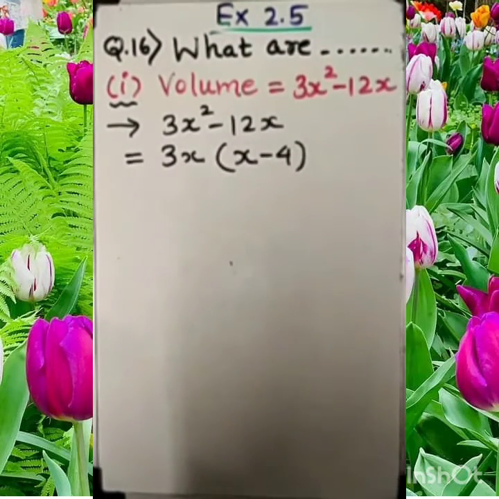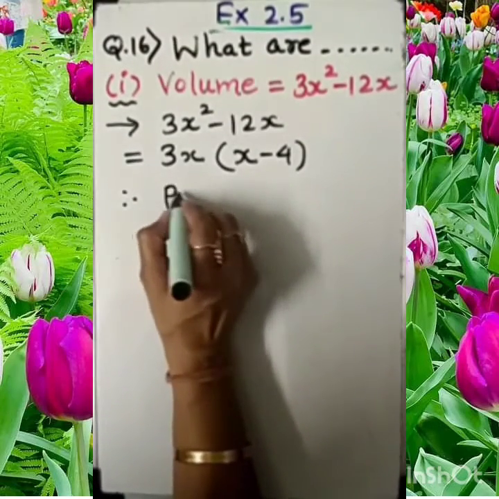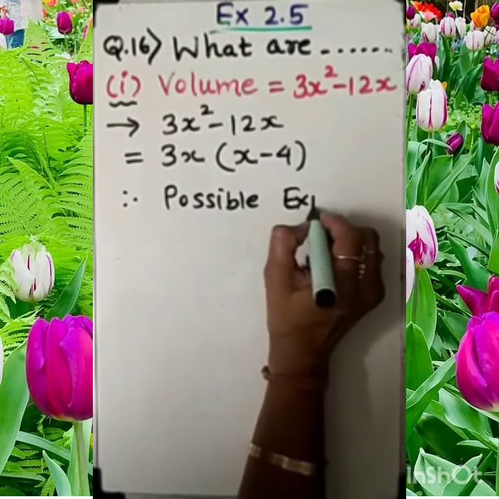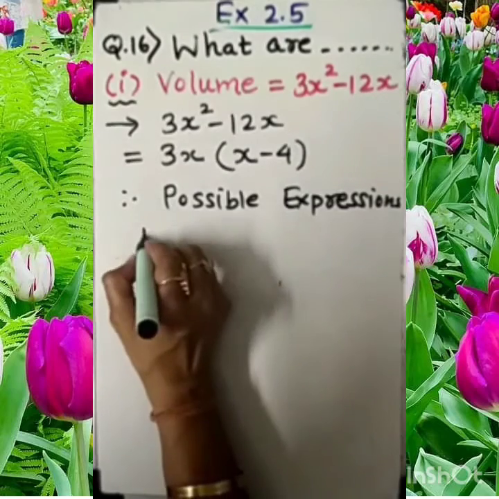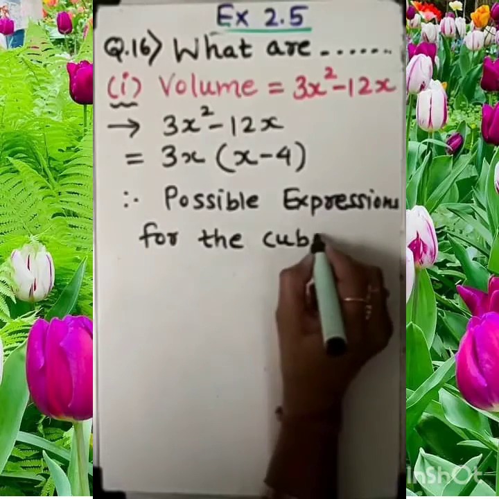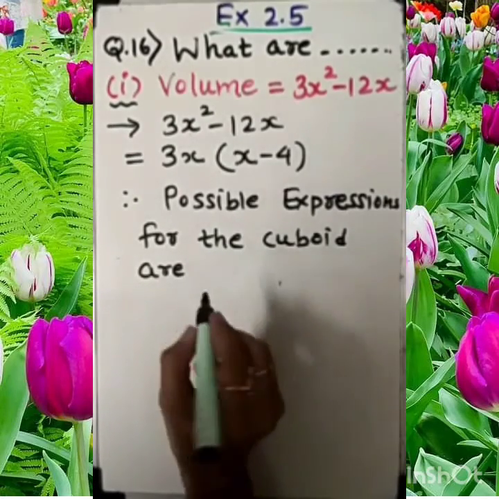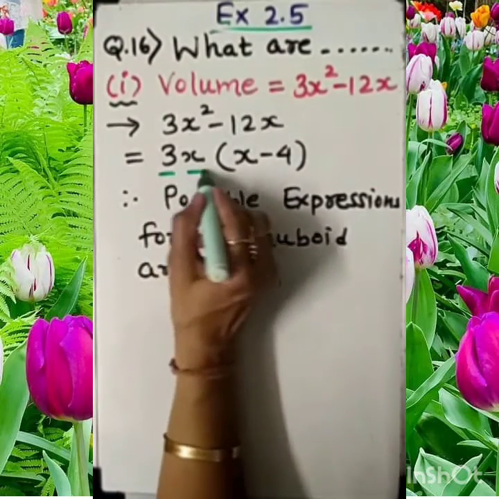Fine. So the possible expressions for the cuboid are, we need to mention length, breadth and height. Okay. So simple, I should say length equal to this, I am separating the three factors this way.